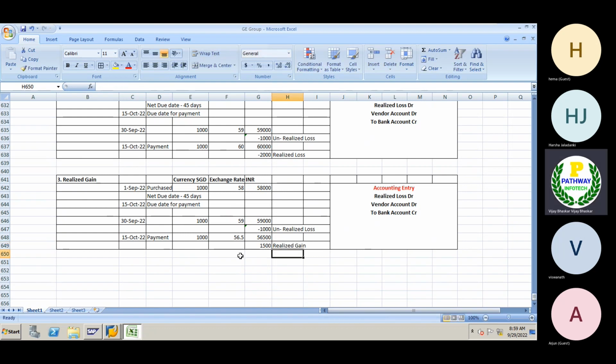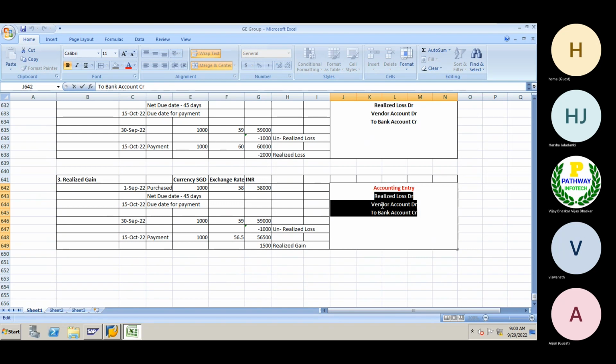Realized gain. Okay, so for this realized gain, what is the accounting entry? The vendor account is going to be debited, the bank account is going to be credited, and the realized gain account is going to be debited.